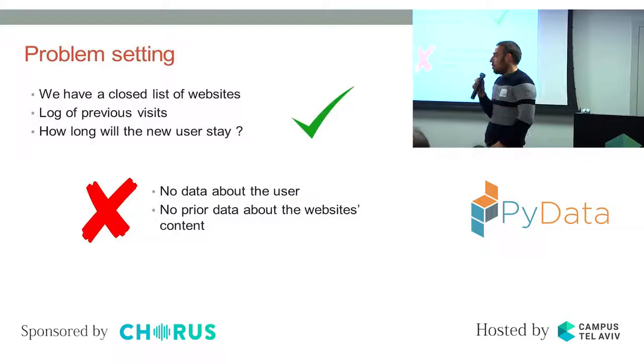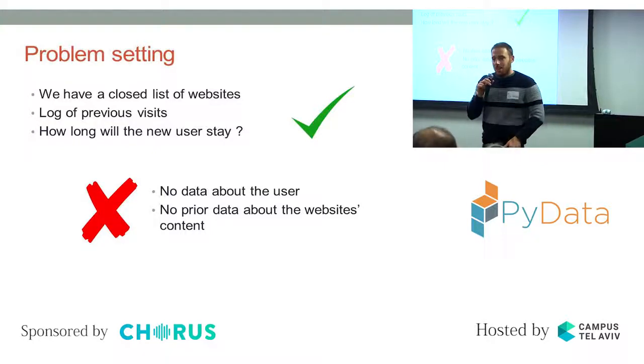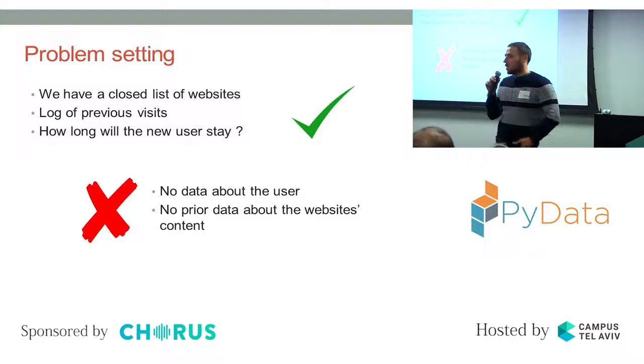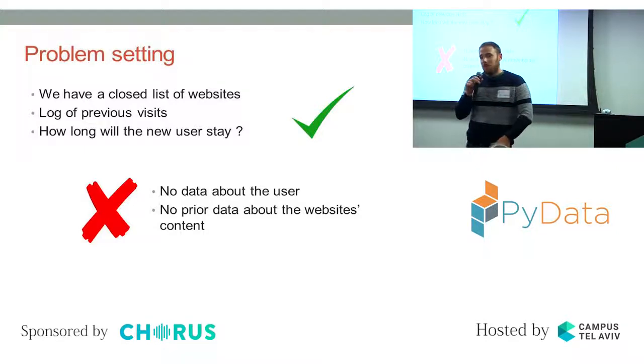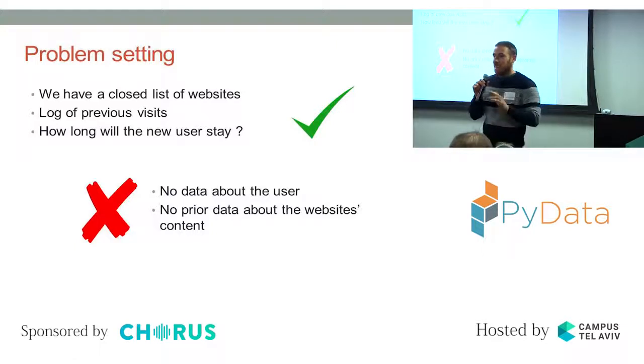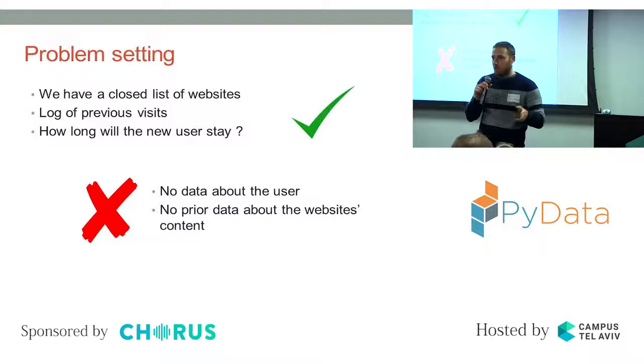Our problem setting is as such. All we have is a list of websites, and for each website, a list of all the users who visited it and the amount of time they stayed. We don't have any data about the websites other than their address. We don't know if it's a gaming website, news, or whatever.